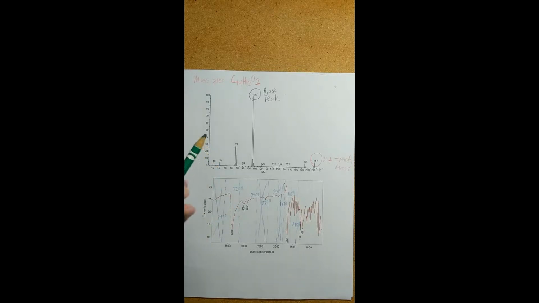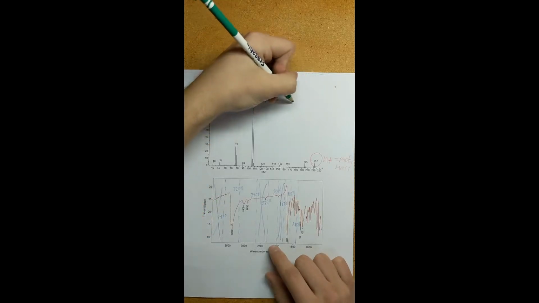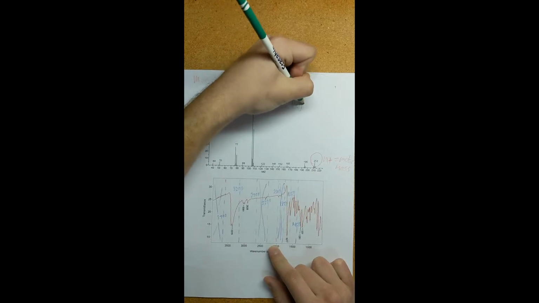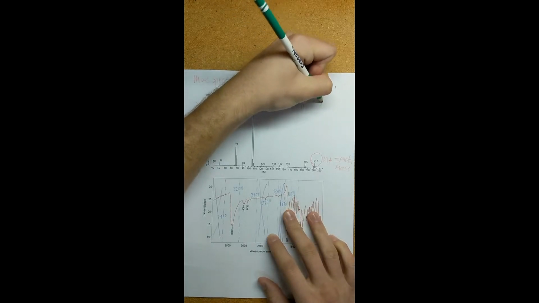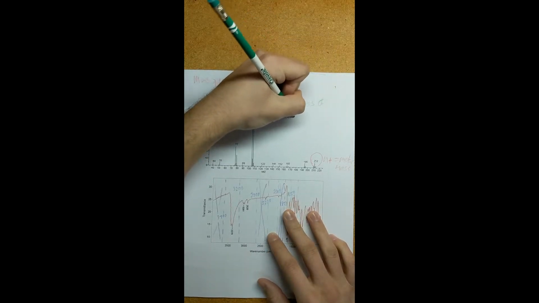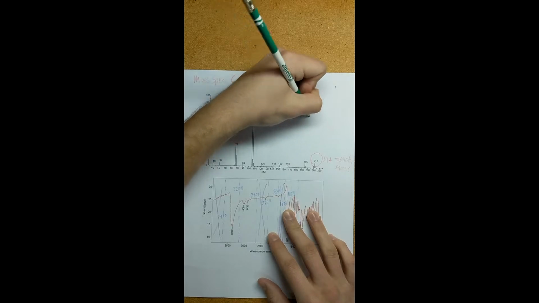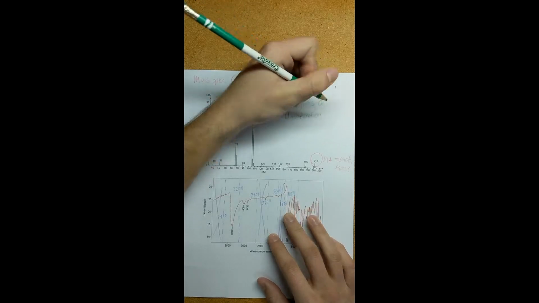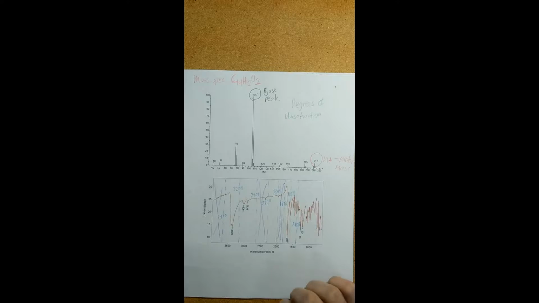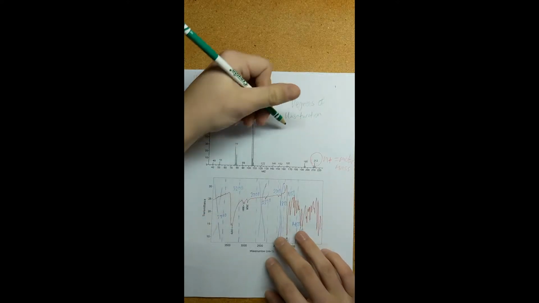The last major piece that we're going to take a look at here is our degrees of unsaturation. This is most definitely the most important part of mass spec, as it gives us our number of pi bonds and or ring structures.